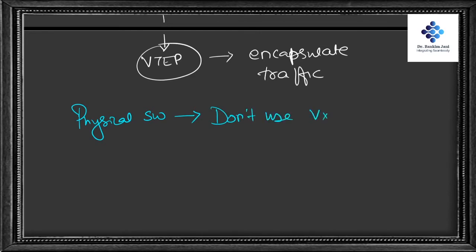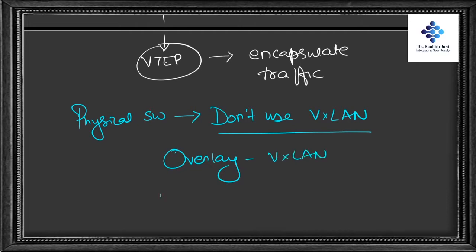Our existing infrastructure where things are a bit old, they don't use VxLAN, but that would be used by those newer devices or these hypervisors. So this leads to only one thing, that overlay is handling those VxLANs and our underlay is handling the transport.